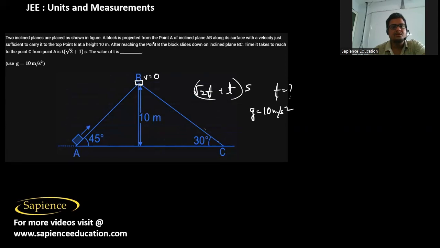A block is projected from the point A, inclined plane AB along its surface. So its initial velocity is u, suppose.